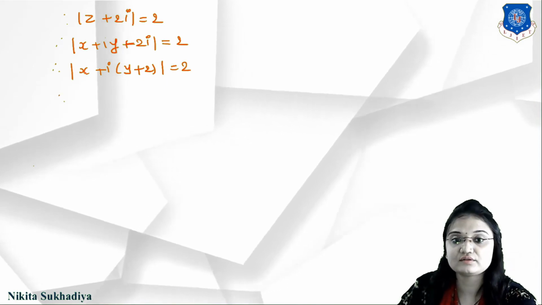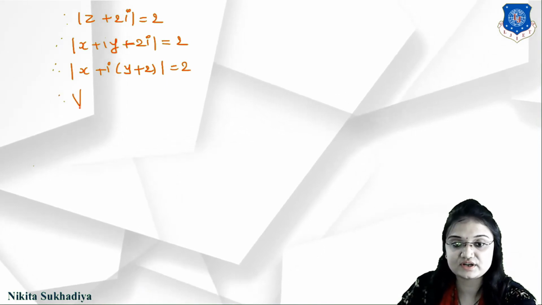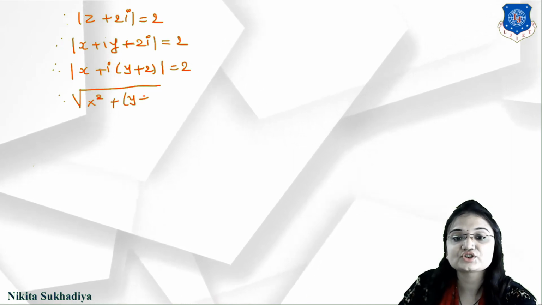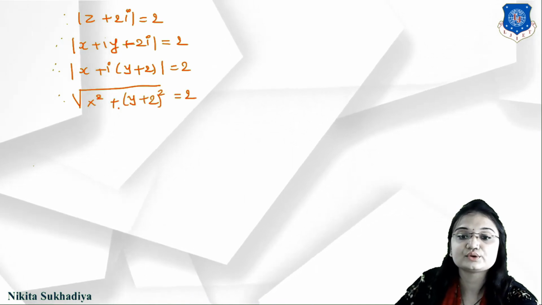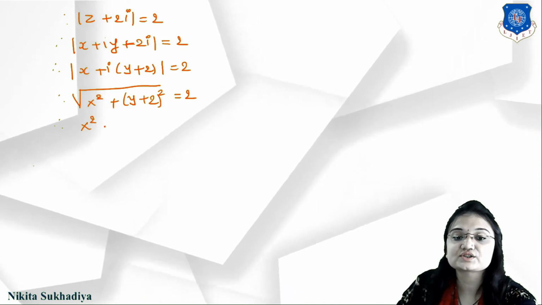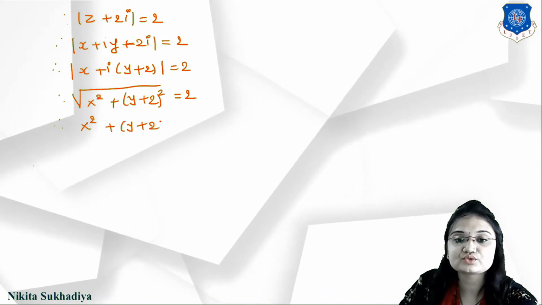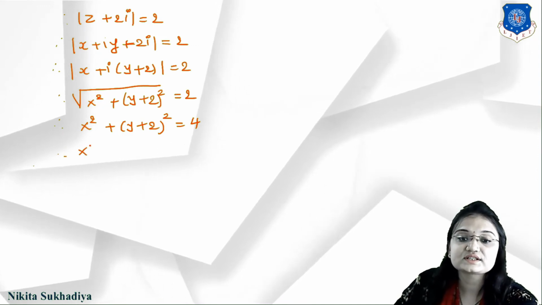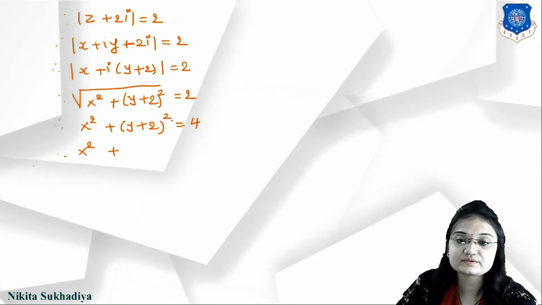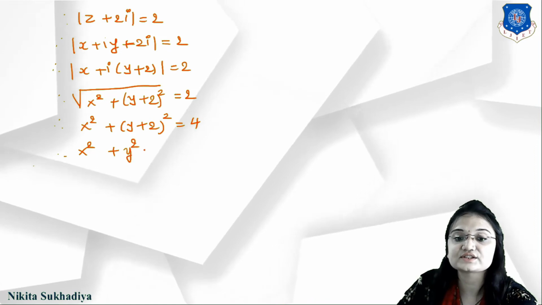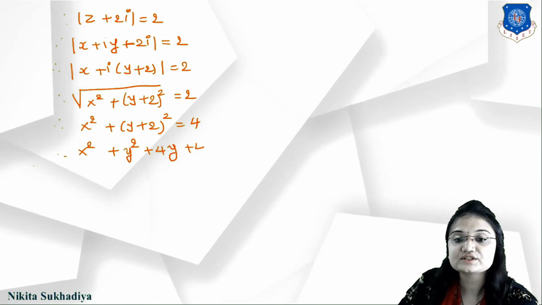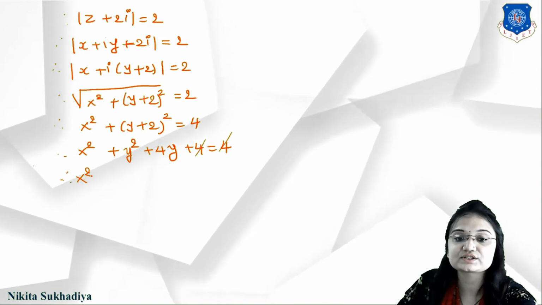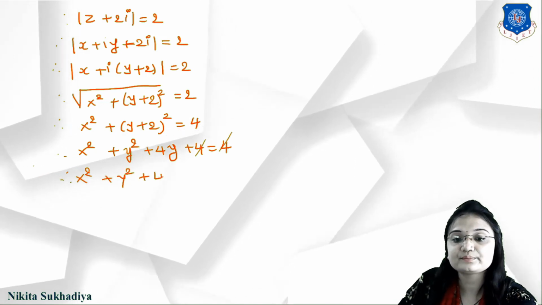So here we have real part and imaginary part, so we can write it like this: under root of real part squared plus imaginary part squared is equal to 2. So our next term will become x² + (y + 2)² = 4. Okay, so this is x², and by solving this, we will get y² + 4y + 4 = 4, and this 4 cancels out, so we will get x² + y² + 4y = 0.